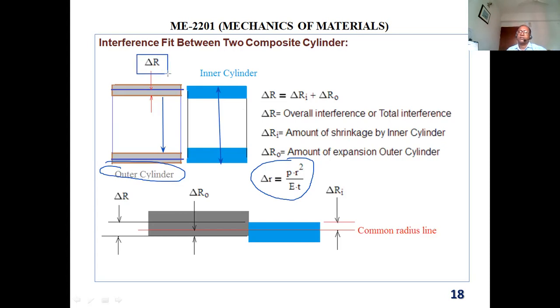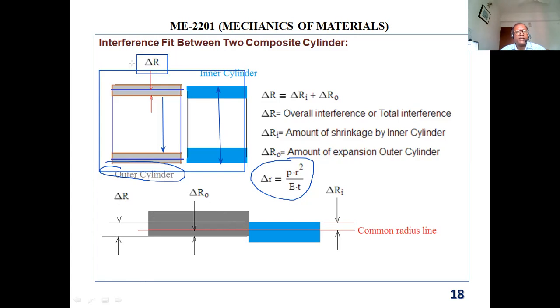How can we figure out that value? This figure is not exactly right, so just remember that the difference of radius between the inner and outer cylinder is delta R. That means in the radial direction, along the radius. So look at the bottom figure.